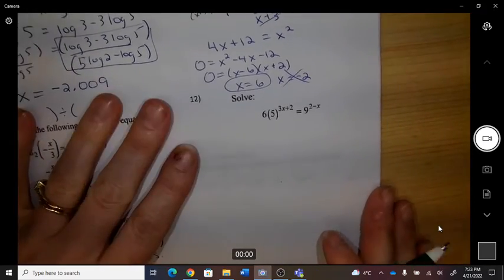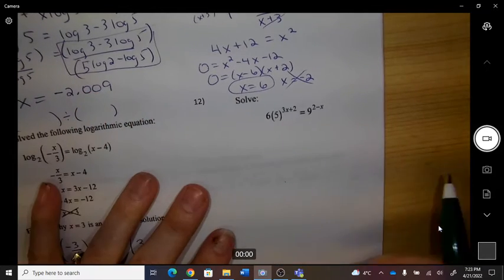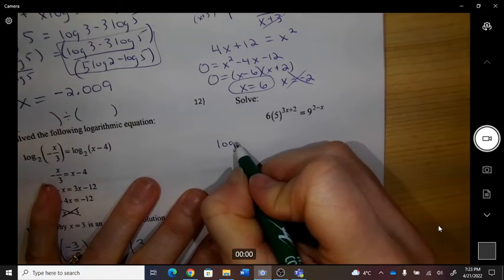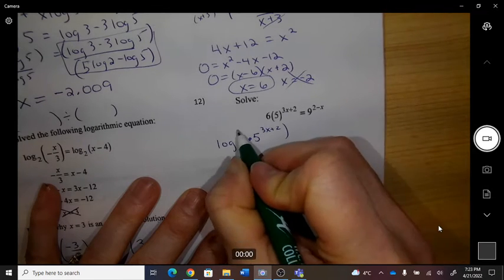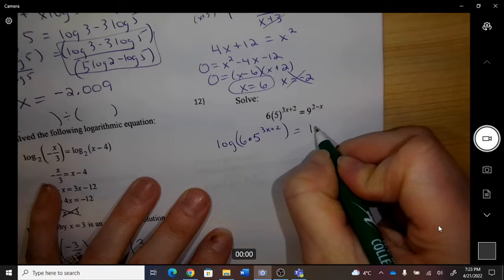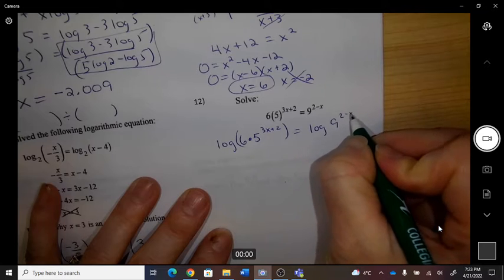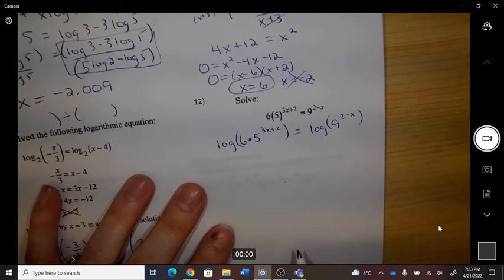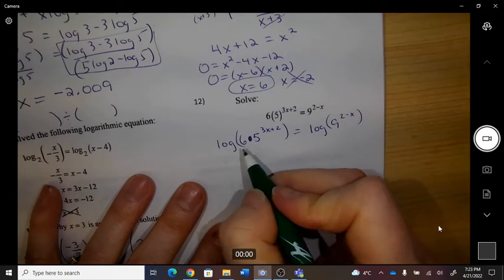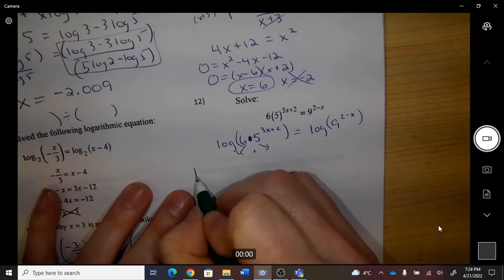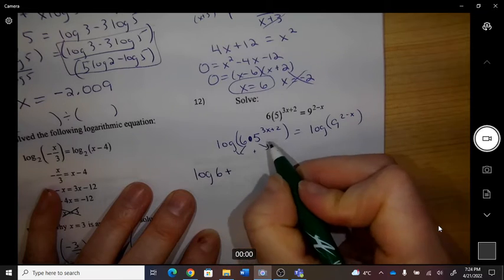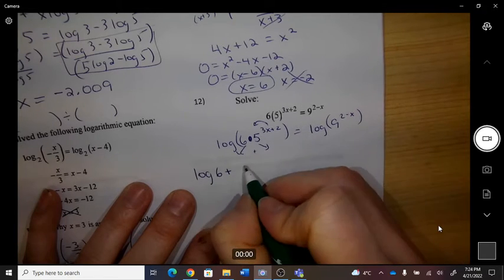Okay, solve. So we can't do same base with a 5 and a 9. So we're going to log both sides. Now with the rules, multiplication, I'm going to split with an add. So log 6 plus, this will go into the front.